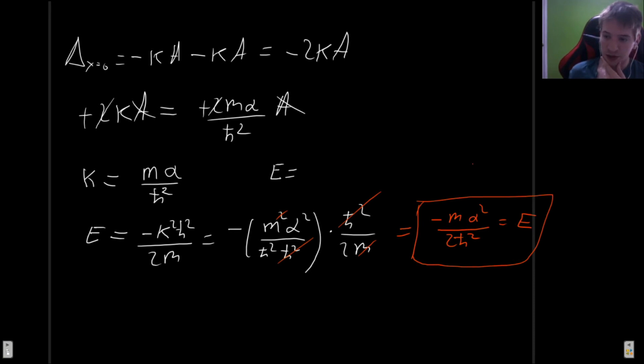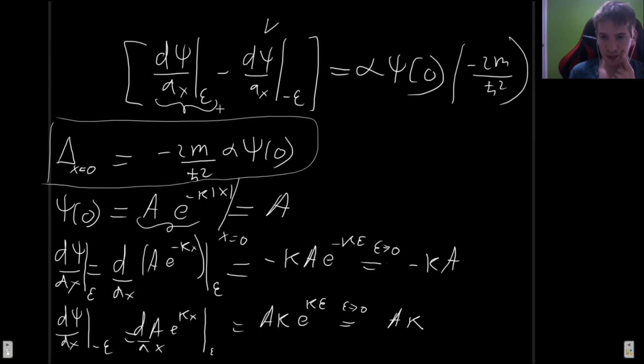And now we can actually take a look at alpha and go back a little bit. When we determined this equation for the discontinuity, we saw right here the discontinuity is a function of this alpha. So if alpha is 0, which means there is no delta potential, we can see that the derivative will be continuous, because the only reason it is not continuous is because of this delta potential.